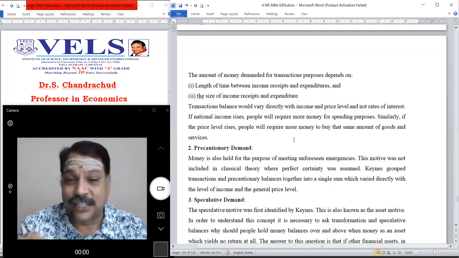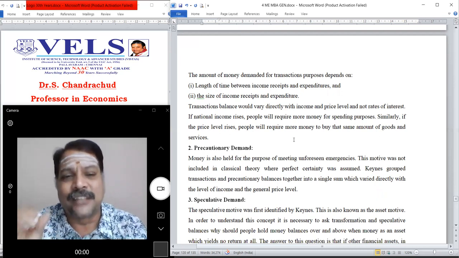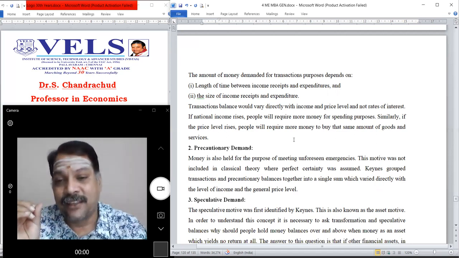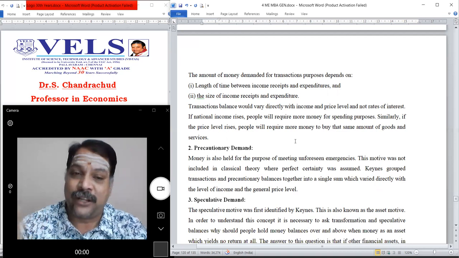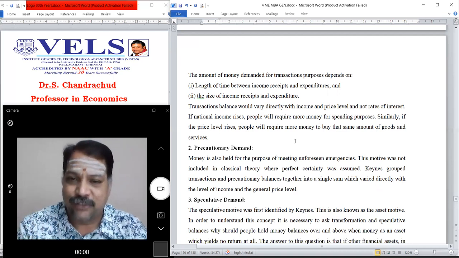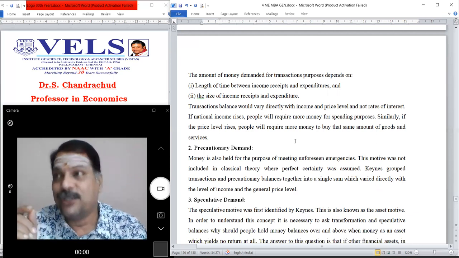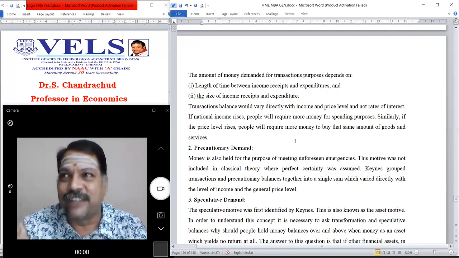The transaction balance would vary directly with the income and price level and not the rate of interest. If national income rises, people will require more money for spending purposes. Similarly, if the price level rises, people will require more money to buy the same amount of goods and services. So the transaction demand does not have any influence through the interest rate.